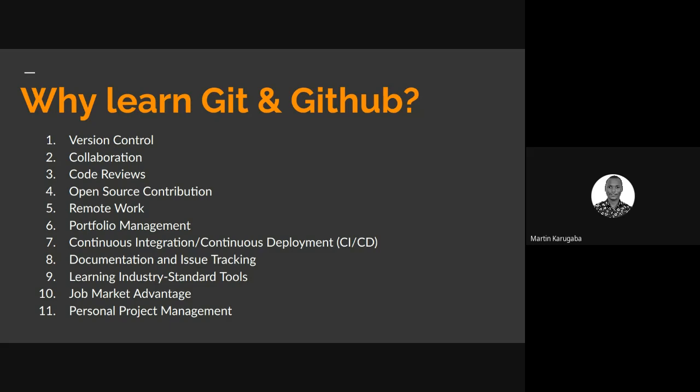Number seven, continuous integration and continuous deployment. There are websites, for example Netlify, that integrate with GitHub and enable you to do deployment without the hassle. In a basic company, say you host with Hostinger and want to deploy your project, you build it locally, copy the build folder, go to the file manager, and hassle with the settings.